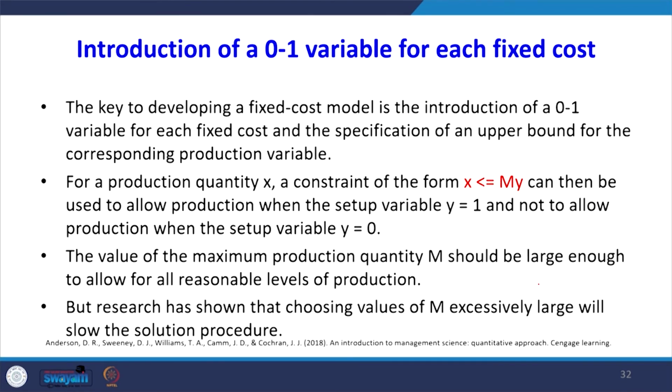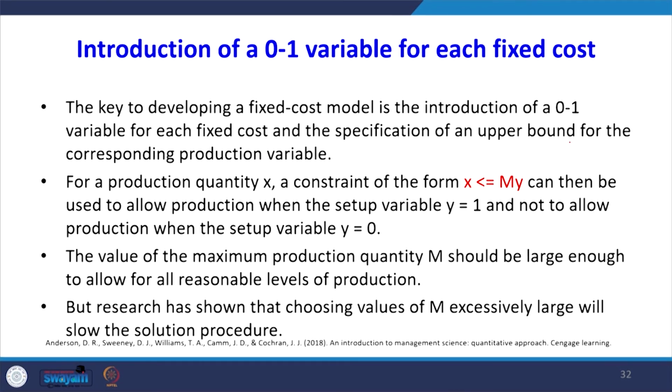One important point is the introduction of a 0-1 variable for each fixed cost. The key to developing a fixed cost model is the introduction of a 0-1 variable for each fixed cost and the specification of an upper bound for the corresponding production variable.